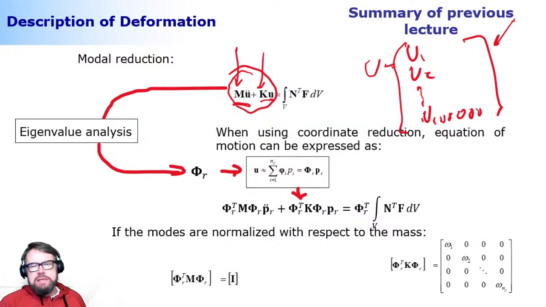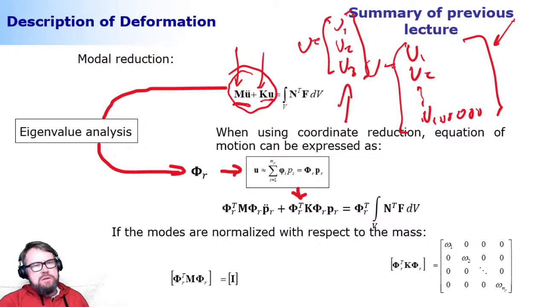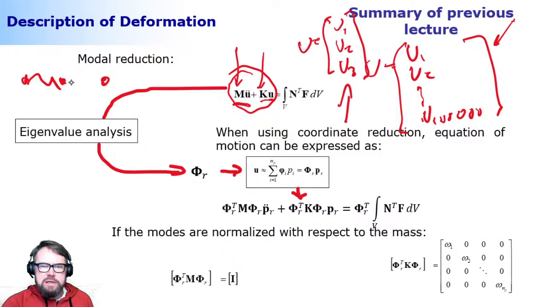To make this more clear, let's say that we have a system with 3 degrees of freedom, U1, U2, U3. This system can have 3 different ways that these U's can move with respect to each other. I can describe that as a spring mass system. So these are the nodal locations.